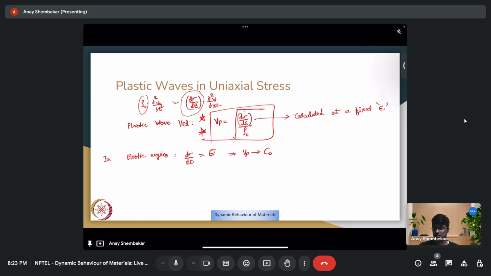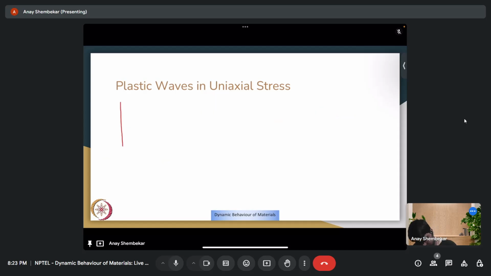Okay, what this gives us is something pretty interesting. If I look at my stress strain curve once again, I could say E is equal to dσ/dε at epsilon 1, and you could have dσ/dε at point 2.